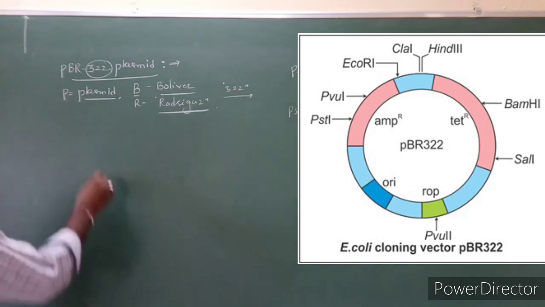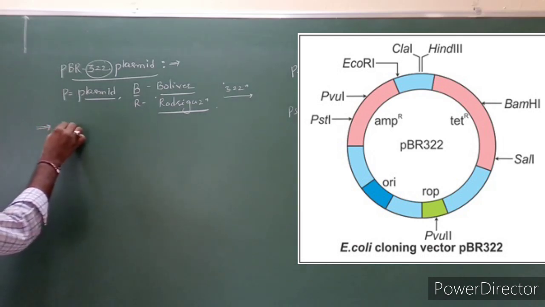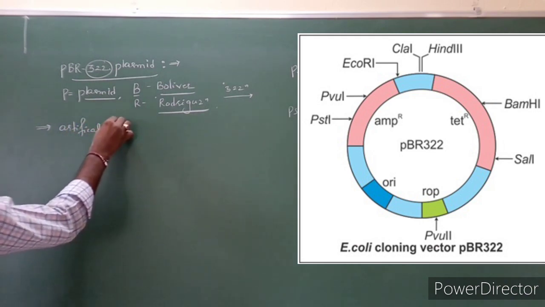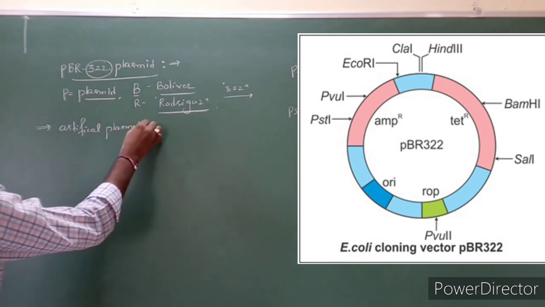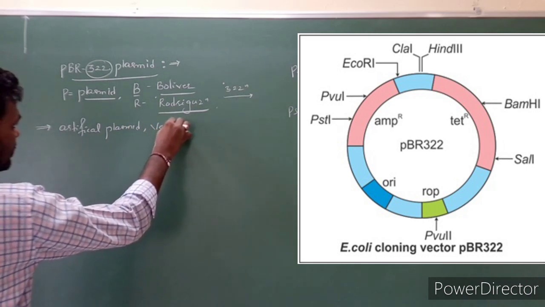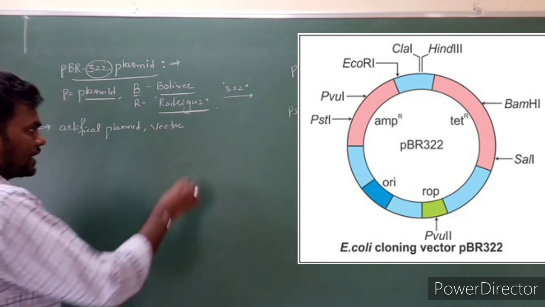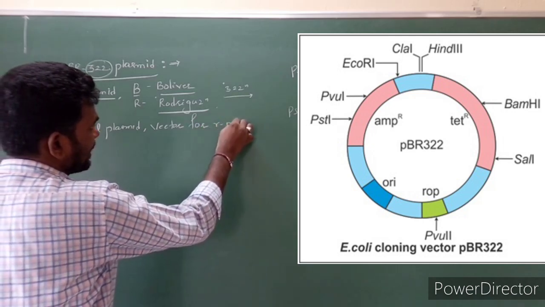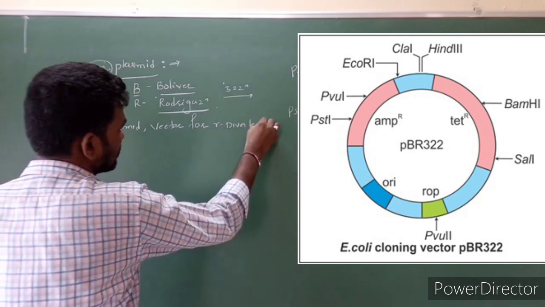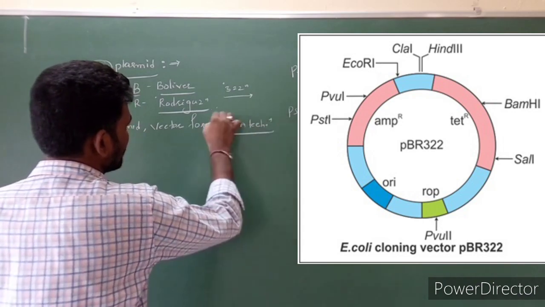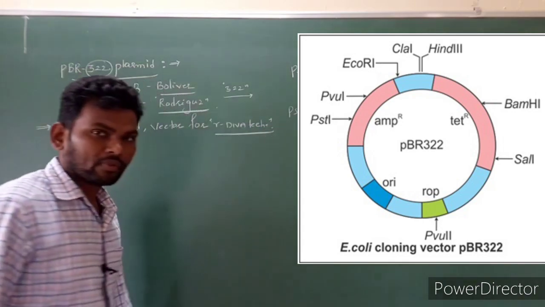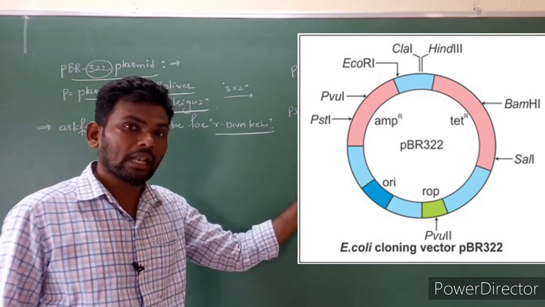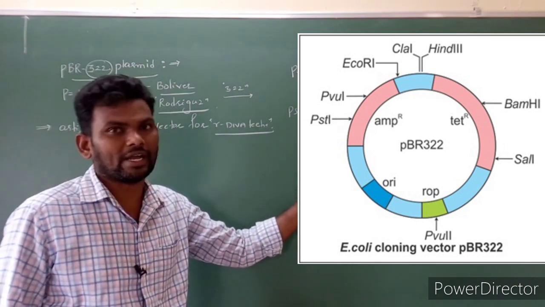This pBR plasmid is an artificial plasmid used as a vector for rDNA technology. Okay, pBR322 plasmid is prepared in the lab. It is an artificial plasmid.